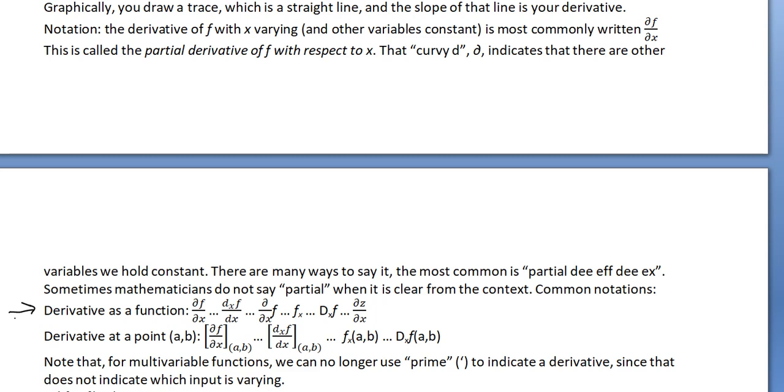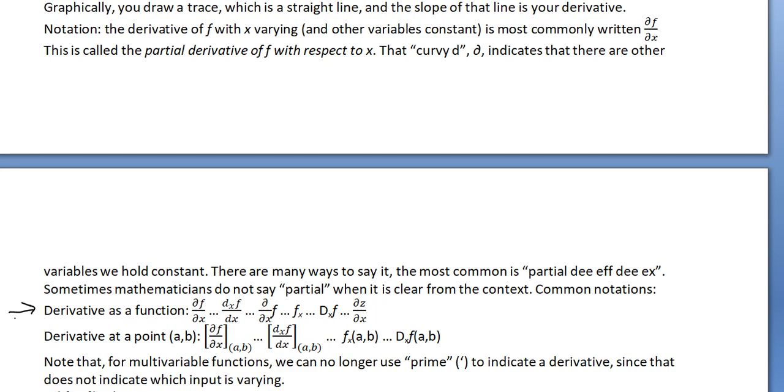We've also got the notation which I showed you just before, which is f sub x. Then you've also got big D sub x of f. And then, of course, dz dx, where we use the z variable and the z value and the f function. We use them almost interchangeably. Okay, so some other notation.